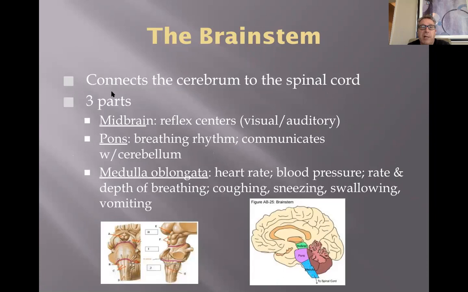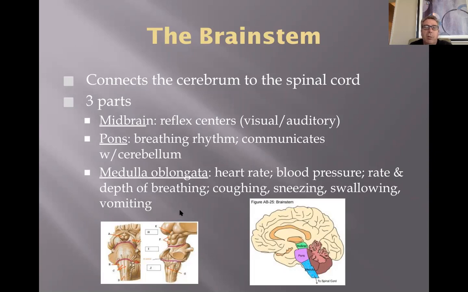The brainstem, as I mentioned before, contains the midbrain, pons, and medulla oblongata. As you can see, it connects the cerebrum to the spinal cord. The midbrain is responsible for reflex. Pons is responsible for breathing rhythm and communicates with the cerebellum.